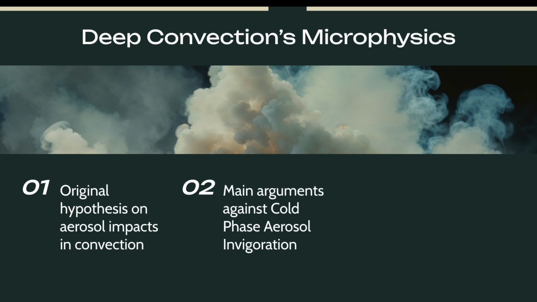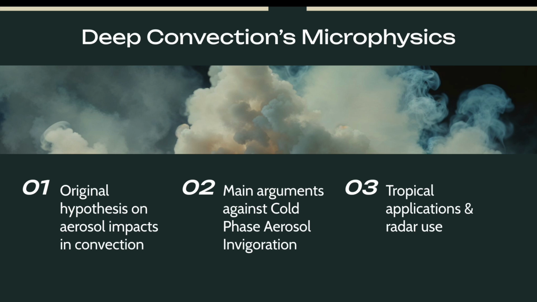This is to say that overall, cold phase aerosol invigoration really isn't the most appropriate. That brings us around to the last main point of this research question: applications to tropical deep convection, and how we can use radars to better understand some of these relationships.